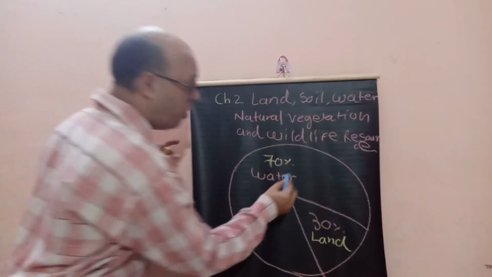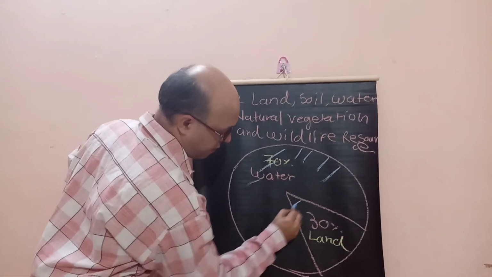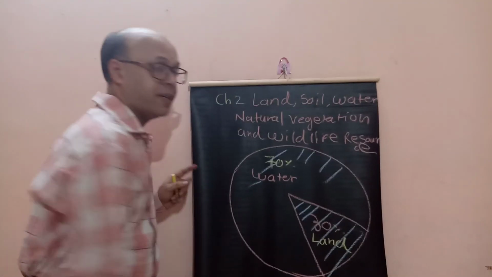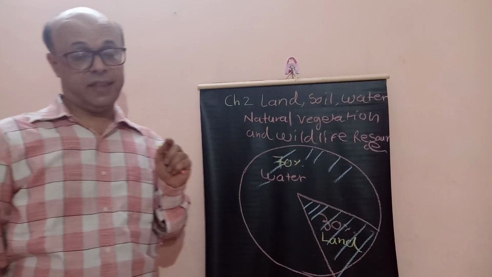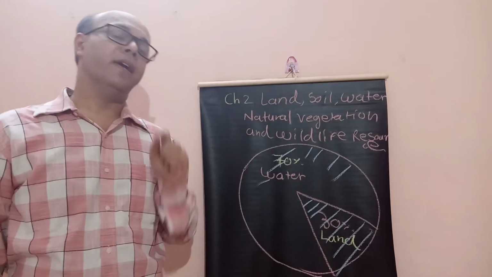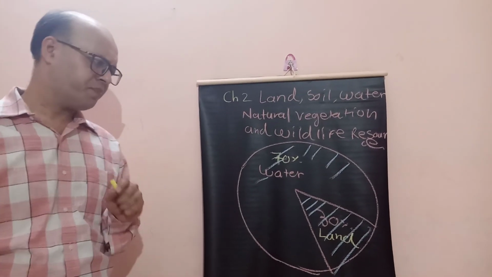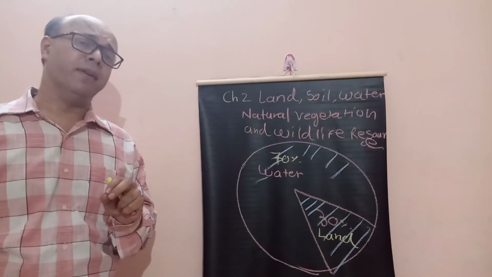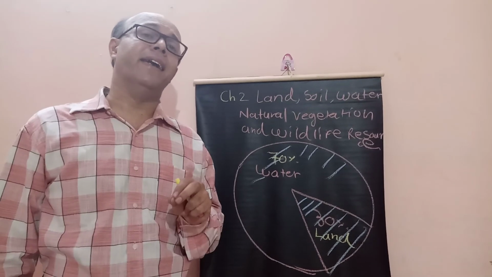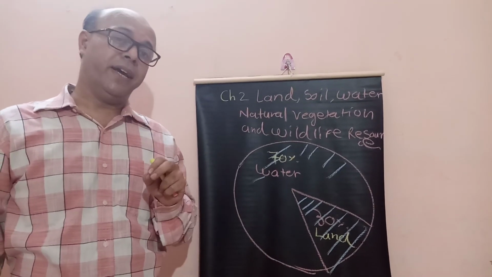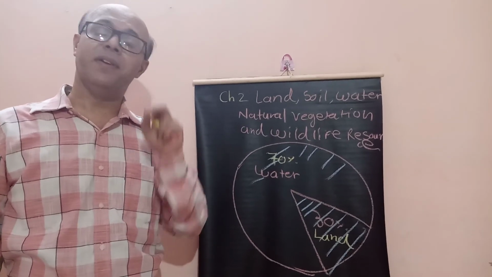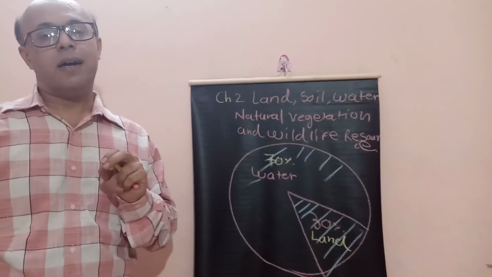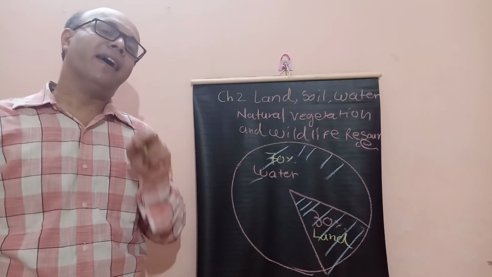So only 30% is land and 70% is water, and therefore land is a very important natural resource. And out of this 30%, very little land is habitable because most of the land is covered by mountains, desert, forest, river. So plains are densely populated because of the availability of land for agriculture.